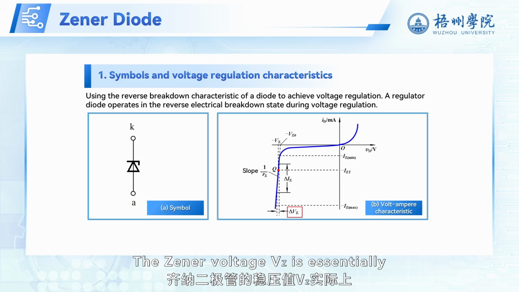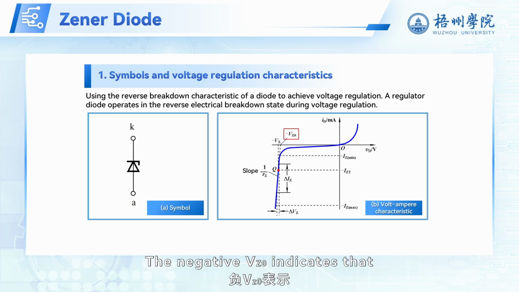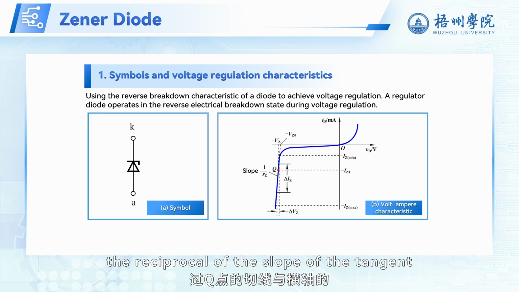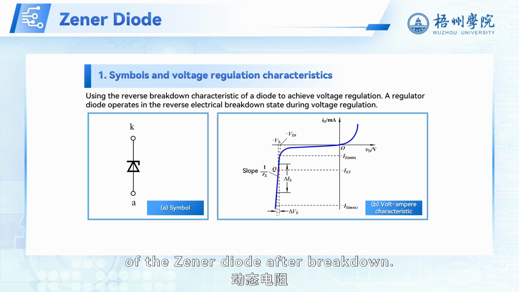The Zener voltage Vz is essentially the voltage corresponding to the test point Q. The negative Vz0 indicates that the reciprocal of the slope of the tangent through point Q intersecting the horizontal axis is the dynamic resistance of the Zener diode after breakdown. This resistance is directly related to the voltage regulation characteristics.